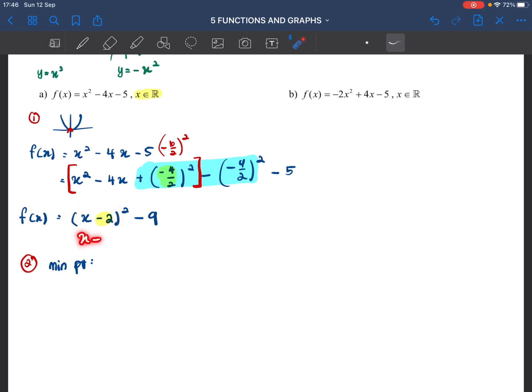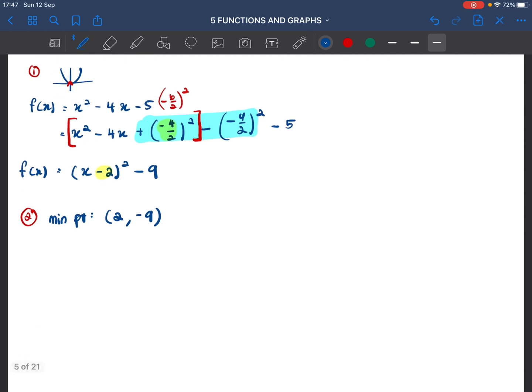Okay, so x minus h equals to 0, x is equals to h. So we have x minus 2 equals to 0, x is equals to 2. So our x there is 2. Okay, so k kita ialah the whole thing outside, which is negative 9. Okay, so that is our minimum point. We have (2, negative 9). So we have the shape, we have the minimum point. Now the last one, we have to find the x-intercept and y-intercept.